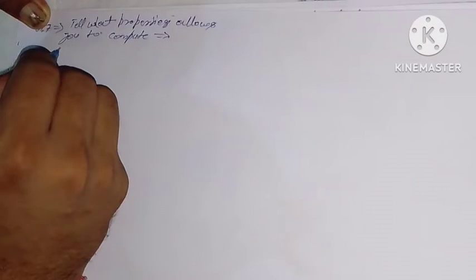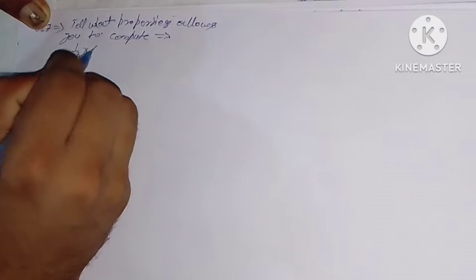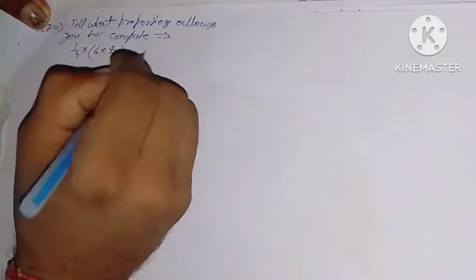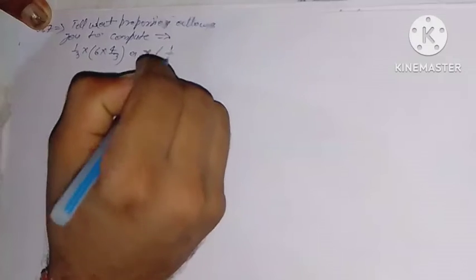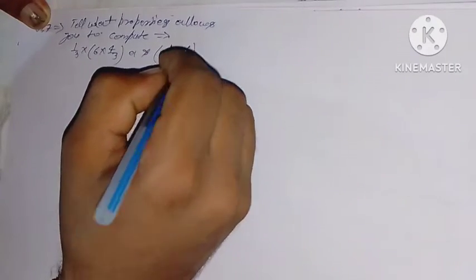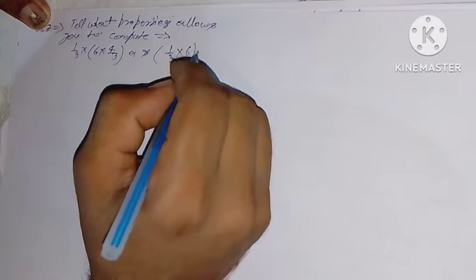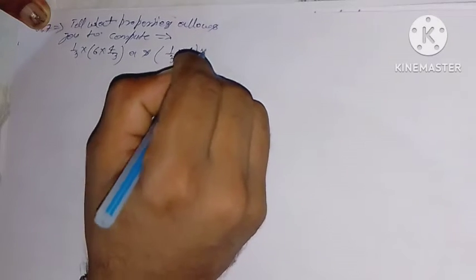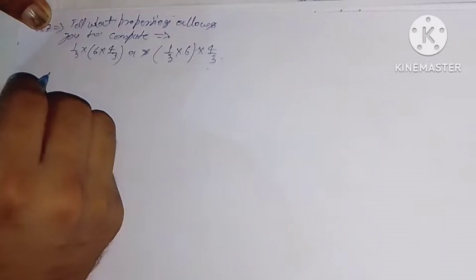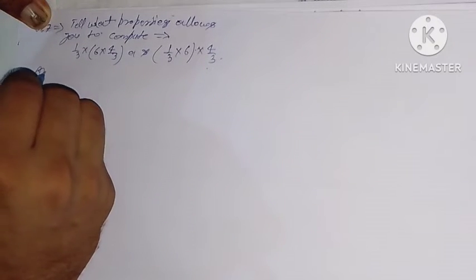Answer: the question is 1 upon 3 multiply 6 multiply 4 upon 3, as 1 upon 3 multiply 6, bracket close, multiply 4 upon 3. This is associativity. The property is associativity.